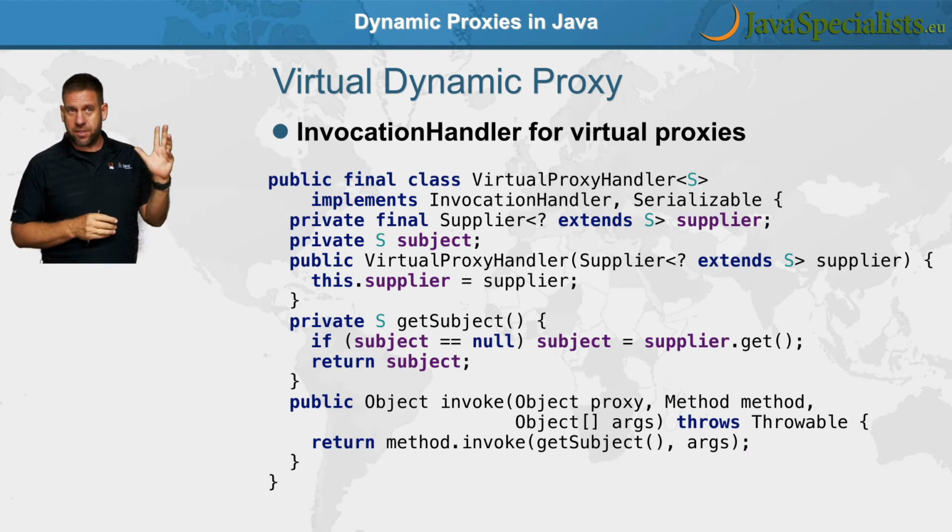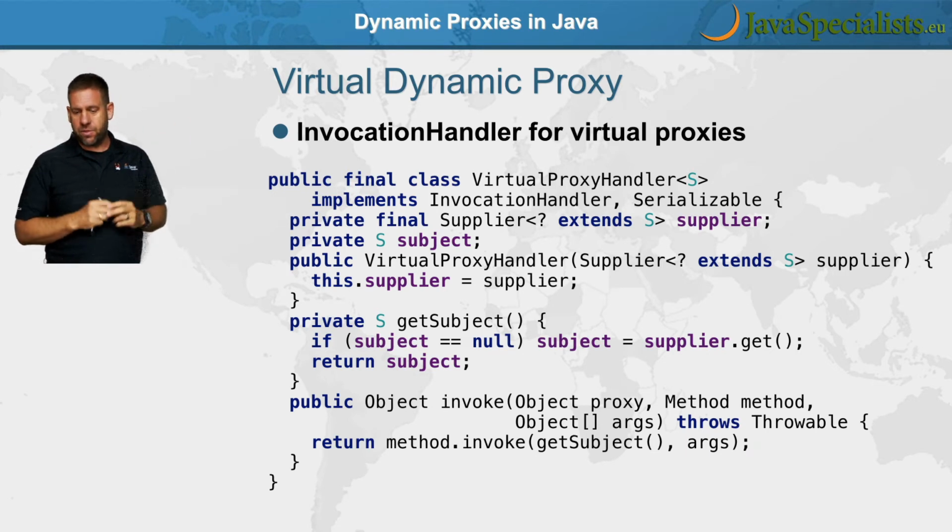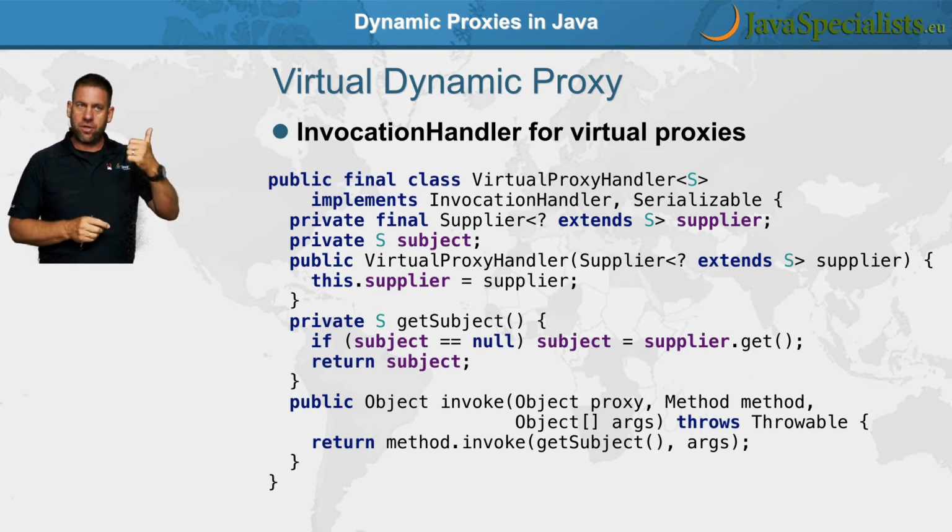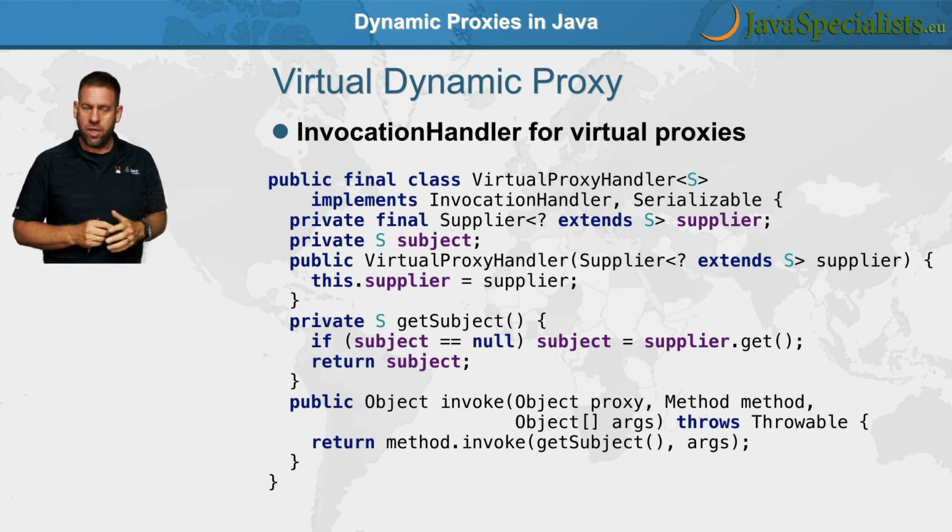So it says if subject is null, then set subject equal to supplier.get, and then return the subject. And then inside the invoke, this gets called when any method is called on the interface, or hashCode, equals and toString, as we saw in the previous section. And so in that case, we simply say method.invoke on the subject, the getSubject, which will lazily create the actual subject, comma, the arguments.